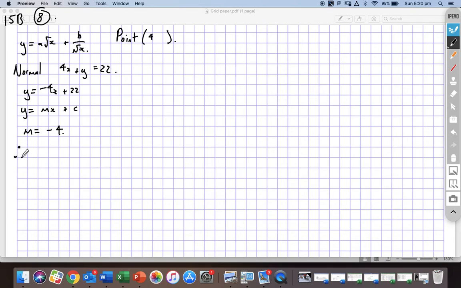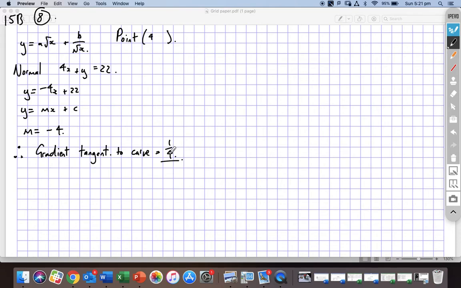Therefore, the gradient of the tangent to this curve, the gradient on this curve, equals 1/4. And I think that's going to be useful, right?